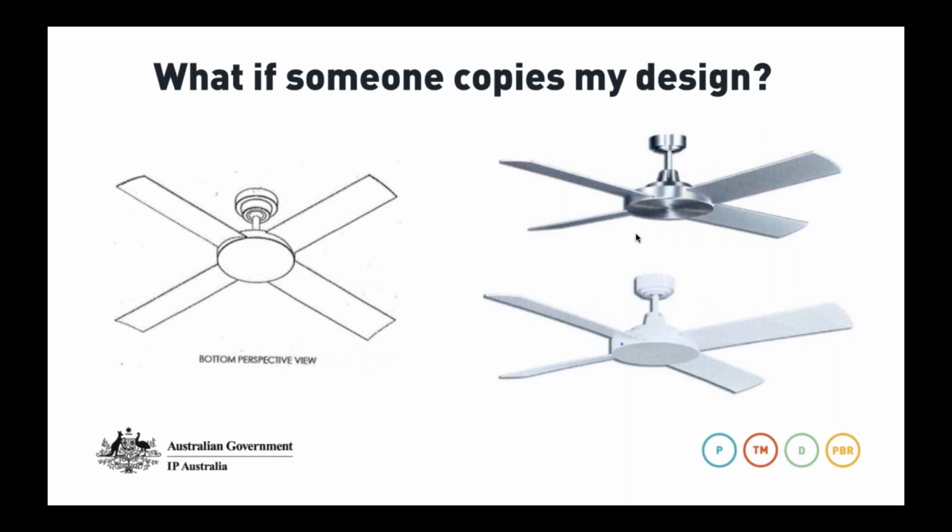The court found that it created an overall impression of substantial similarity, which meant that the fans on the right, being imported into Australia, infringed the registered and certified design on the left. So the owner was then able to seek financial relief and stop the infringement happening.